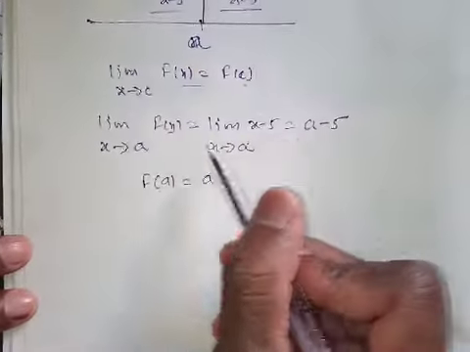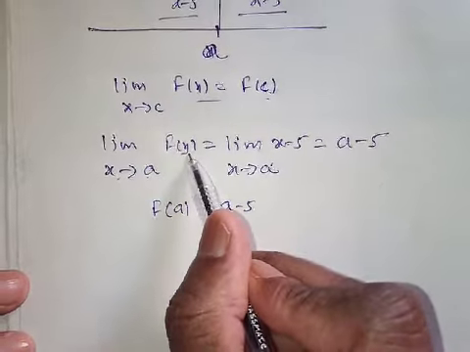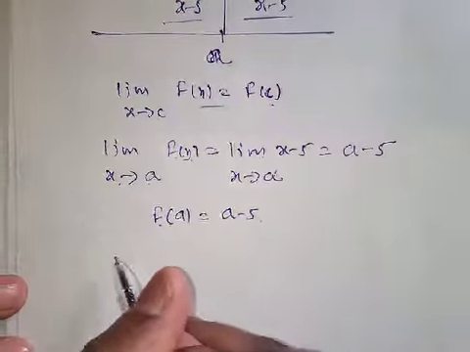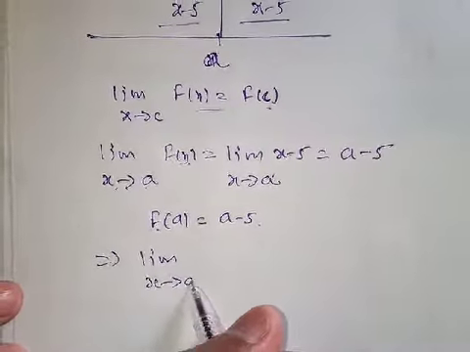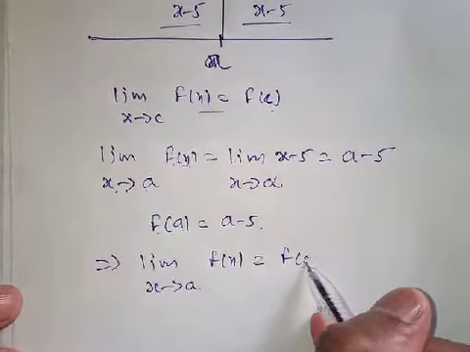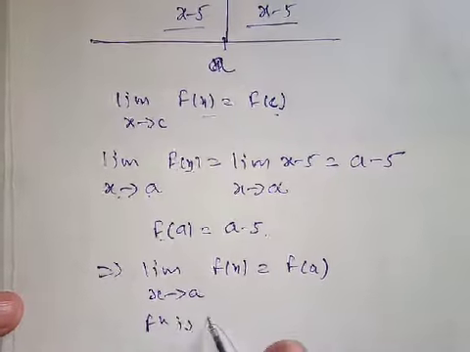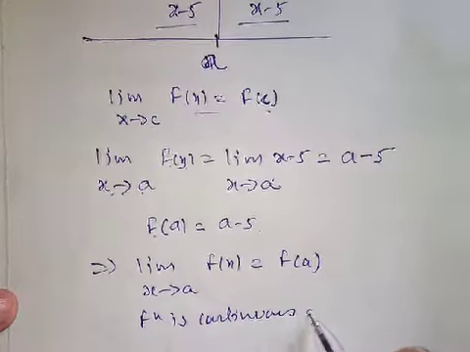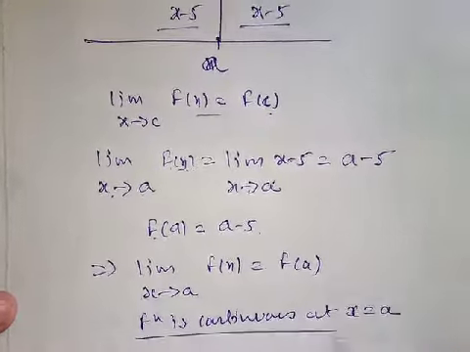So you can see that the limit as x tends to a of f of x is equal to f of a. So what do you say? The function is continuous at x is equal to a.